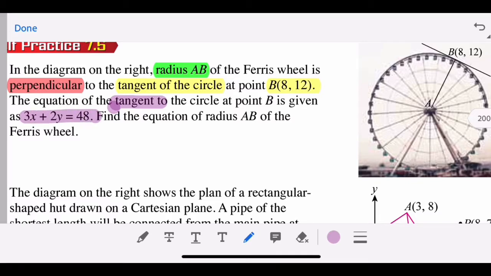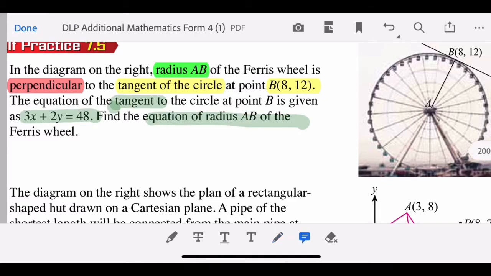At point B is given 3x + 2y = 48. Equation of the tangent is given. Find the equation of the radius of the Ferris wheel.